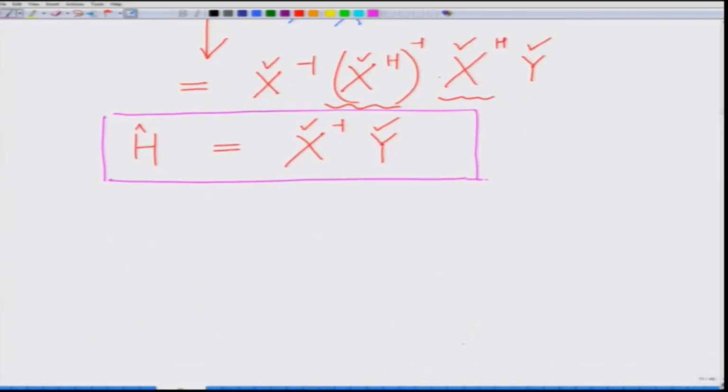Now this can be implemented very easily, because x check is a diagonal matrix. The inverse of the diagonal matrix is nothing but another diagonal matrix with the reciprocals of the diagonal elements.